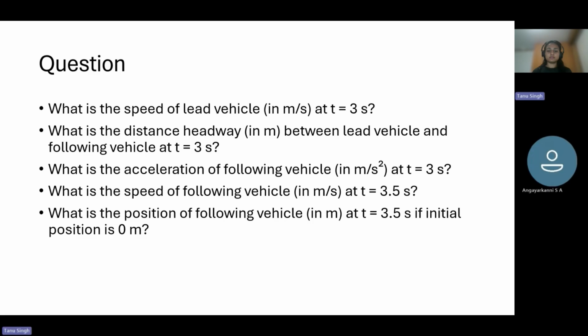Then what is the speed of the following vehicle at t equals 3.5 seconds? And what is the position of the following vehicle in meters at t equals 3.5 seconds? First try to answer the first two questions. We will discuss the first two and then the next three.